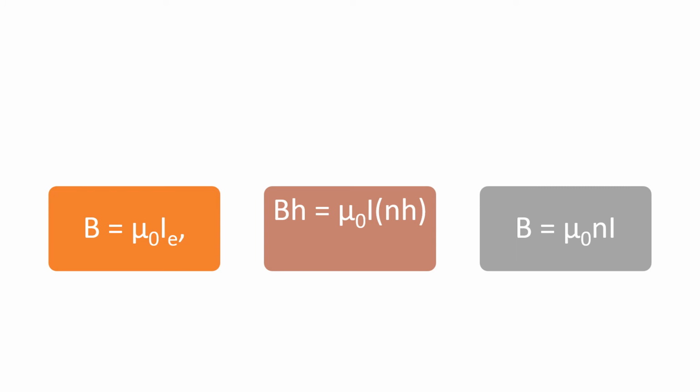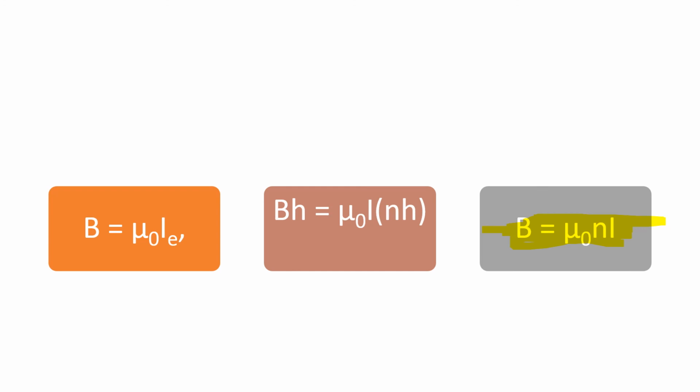And on the left hand side, since we are talking about h length, so Bh we are using. So h will be cancelled out, and finally B is equal to mu 0 n I. Magnetic field can be calculated if the current is given: mu 0 n I.